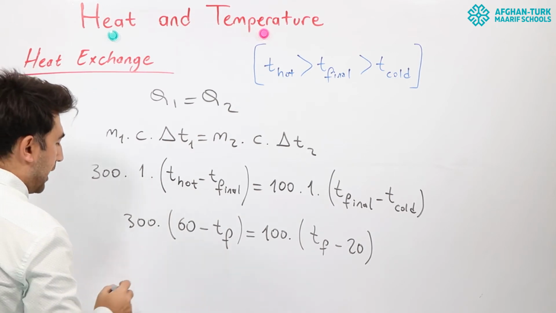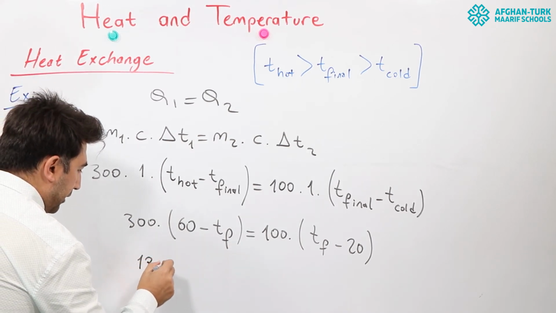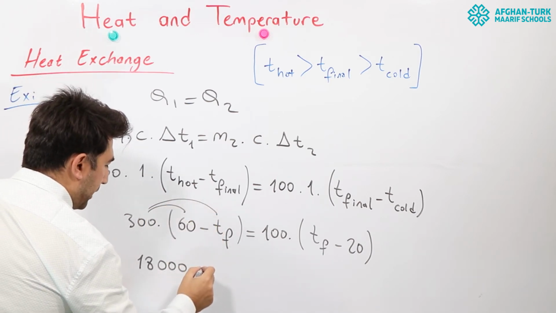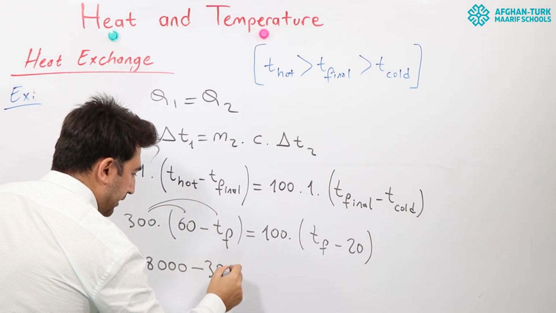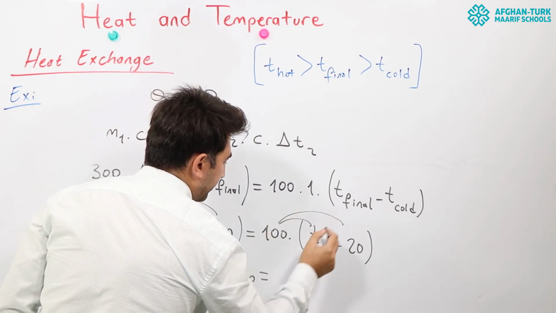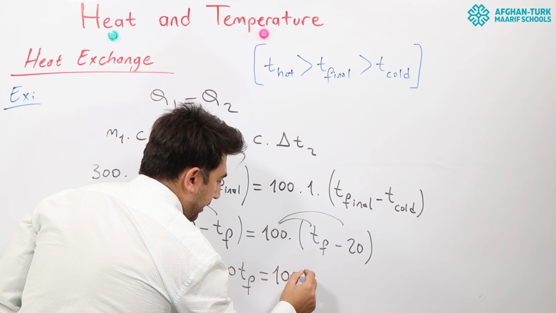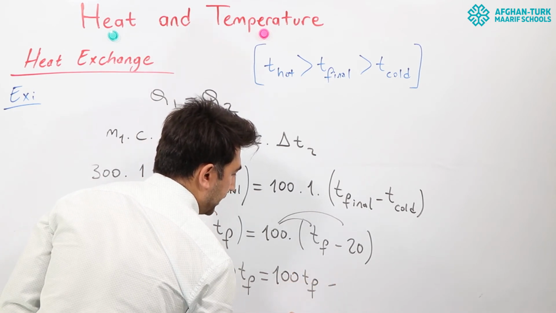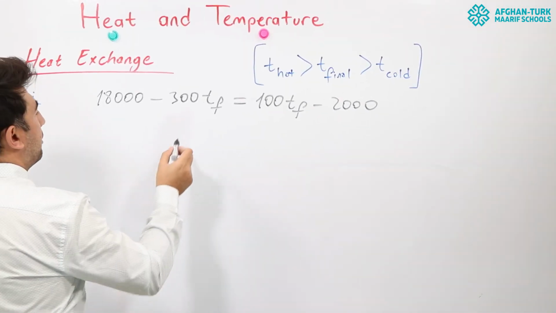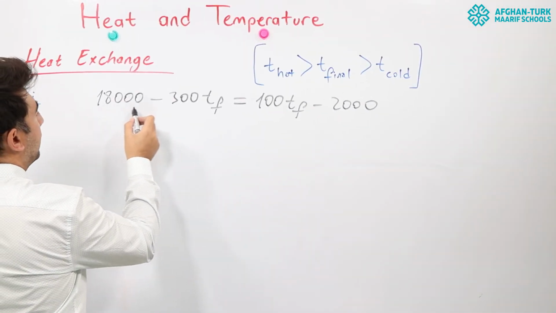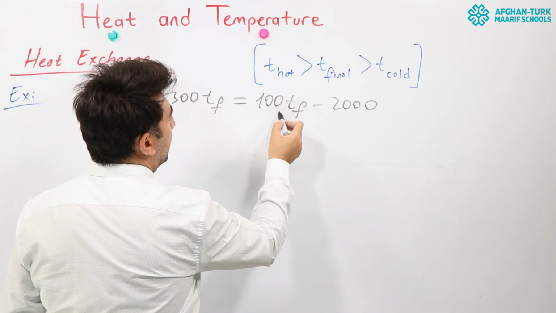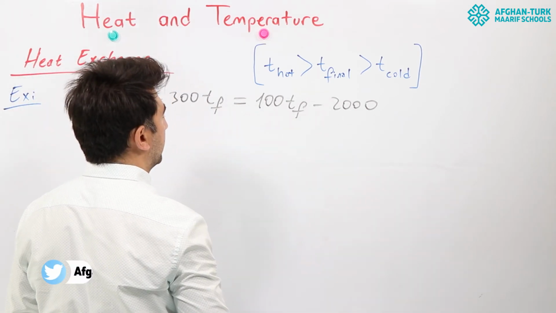So from here we have 18,000 minus 300 TF, which is equal to 100 TF minus 2,000. Okay, we have this equation: 18,000 minus 300 T final is equal to 100 T final minus 2,000.